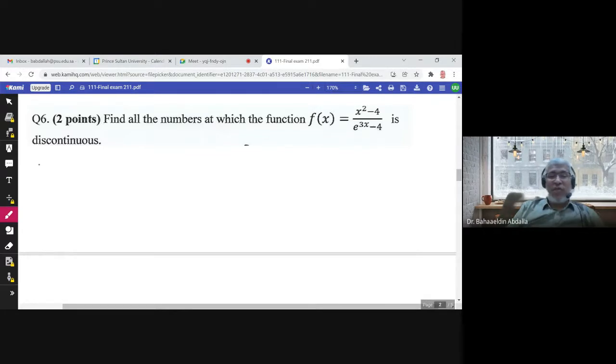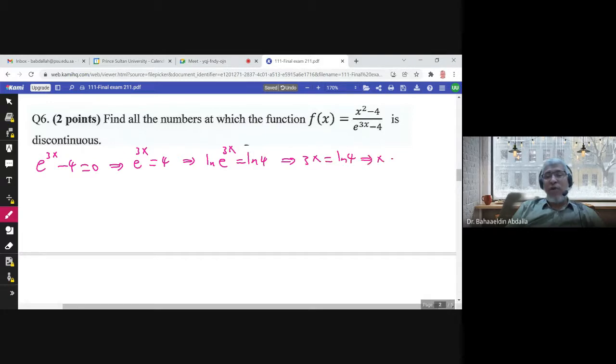So let us solve this equation. e to the 3x minus 4 equals 0. So e to the 3x equals 4. And to solve this equation, I apply ln to both sides, and ln cancels e. So 3x is equal to ln 4, which means x is ln 4 over 3.